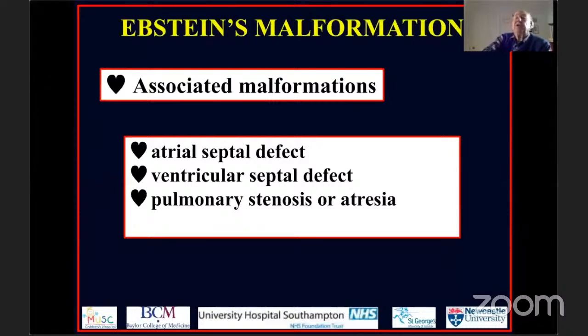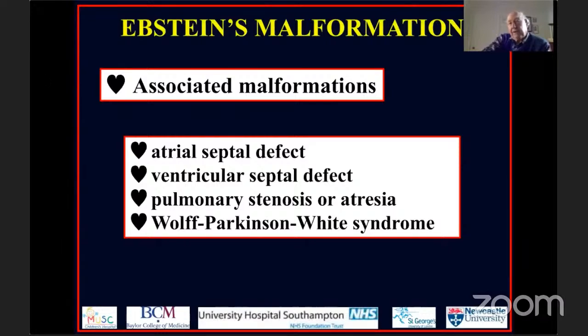In the setting of pulmonary atresia with intact ventricular septum, there can be a degree of Ebstein's malformation, but it is not full-blown Ebstein's malformation in many instances, and that is why, again, many would not call this pure Ebstein's malformation, but certainly the lesions are related one to the other.